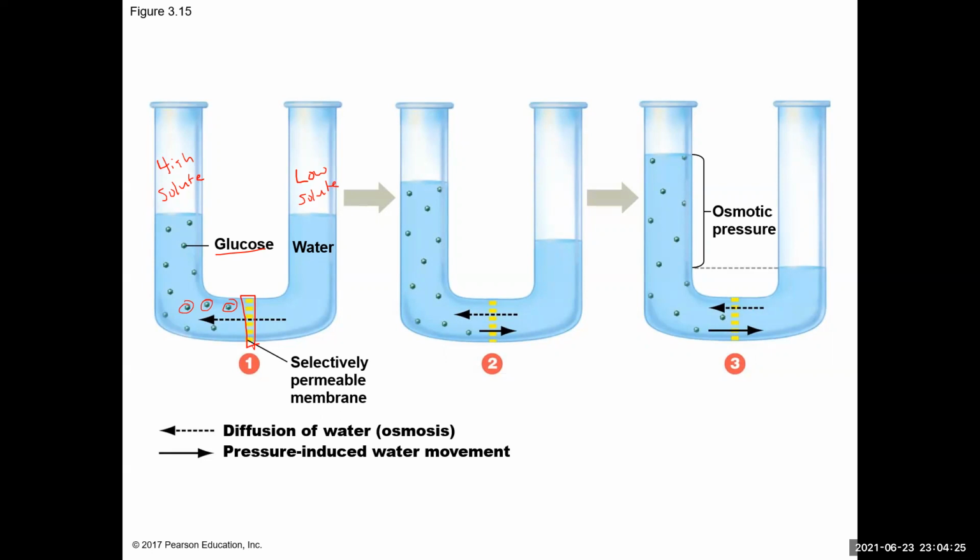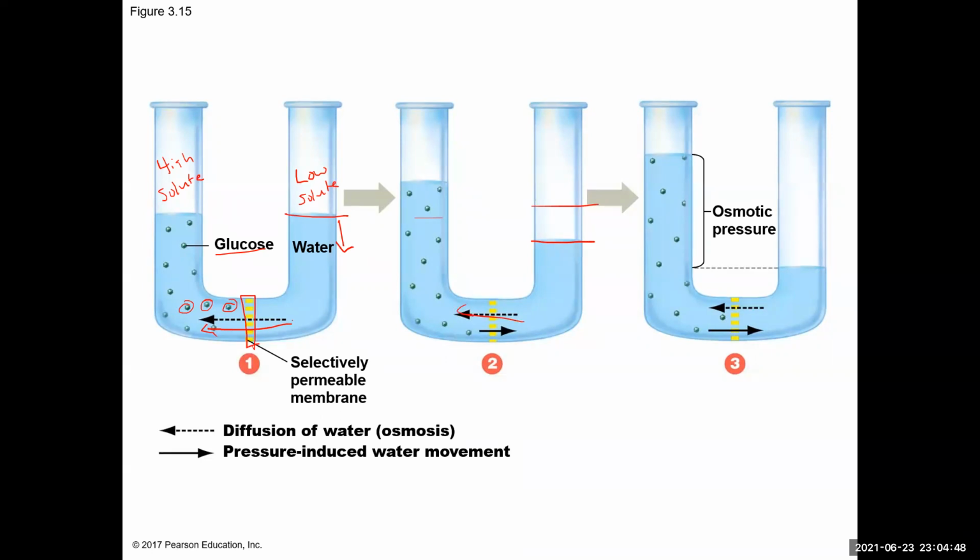So water will move from right to left because it will move from low solute to high solute. And so what actually happens is the water level will decrease, so it goes down, as the water moves across over here.